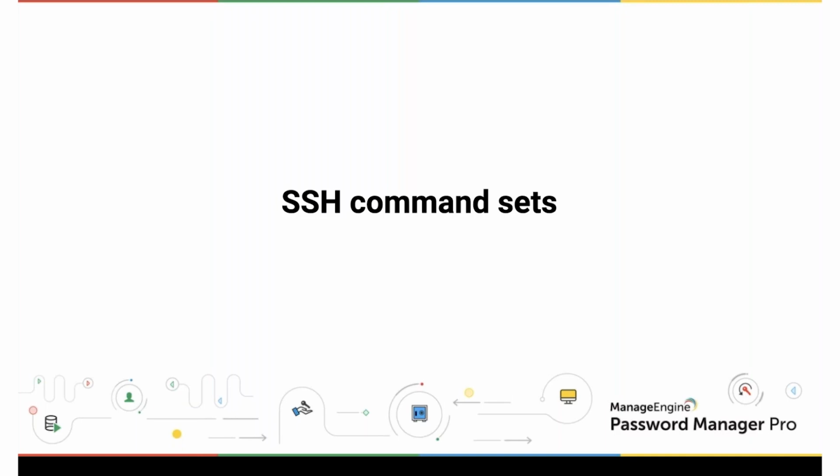Through this, you can add password reset commands used in the command line interface of your resource type directly inside Password Manager Pro without the need of a CLI terminal. Note that this feature is supported only for the devices which allow SSH connections.